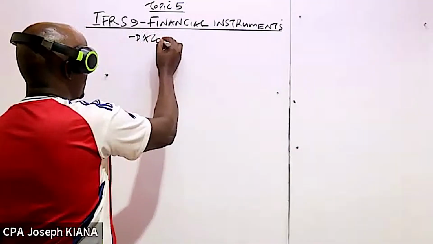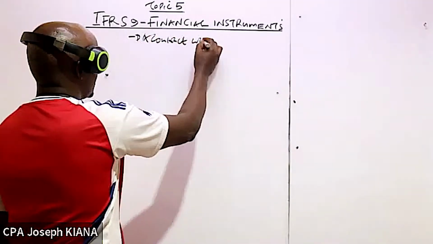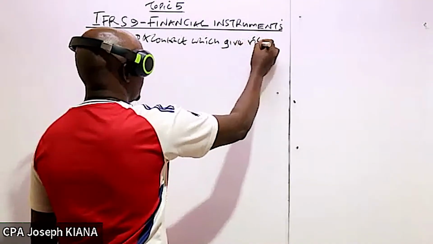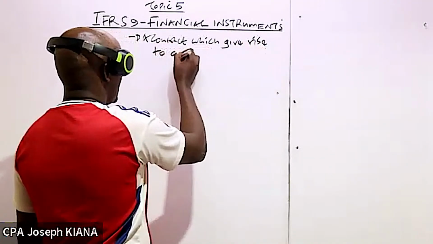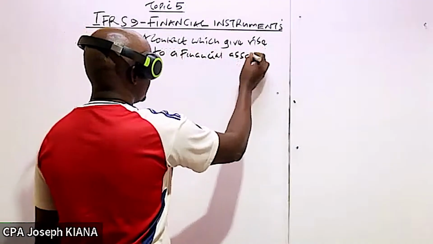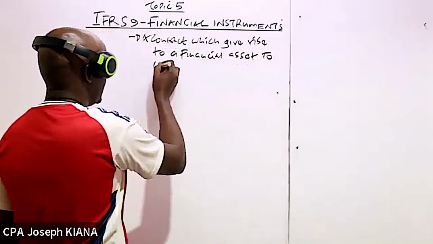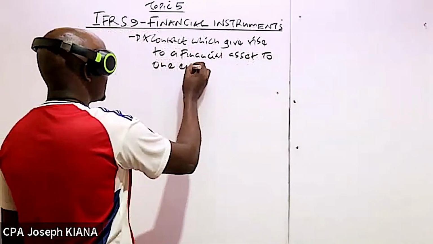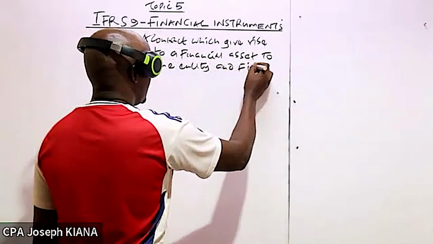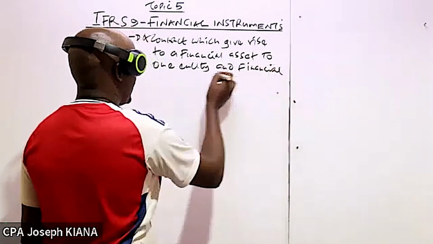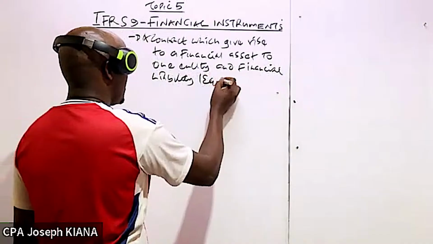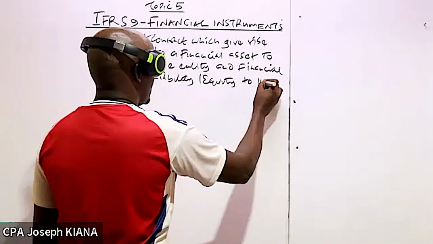So we say it is a contract which gives rise to a financial asset to one entity, and a financial liability or equity to the other entity.